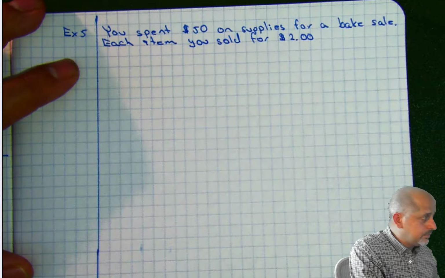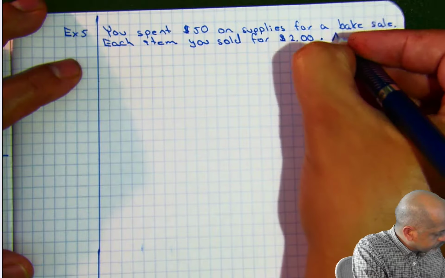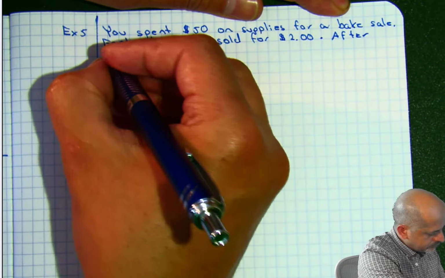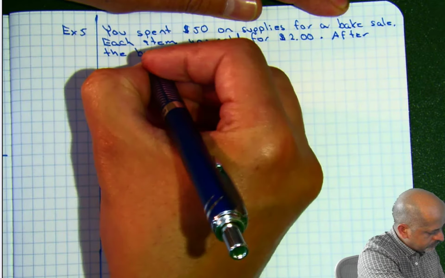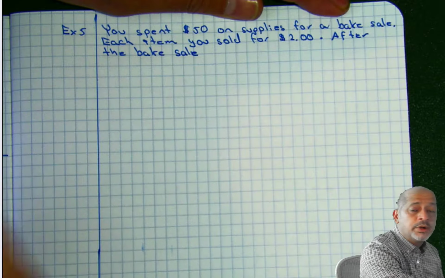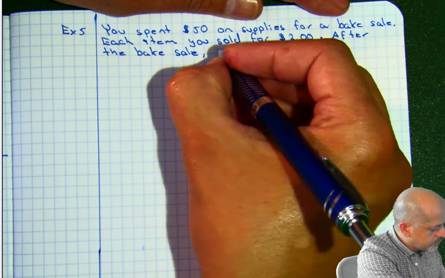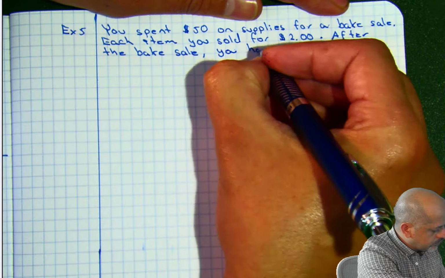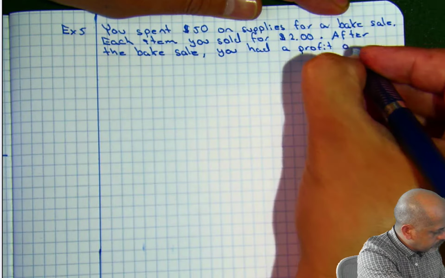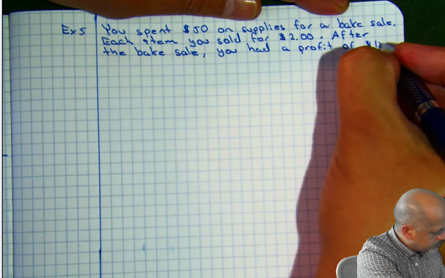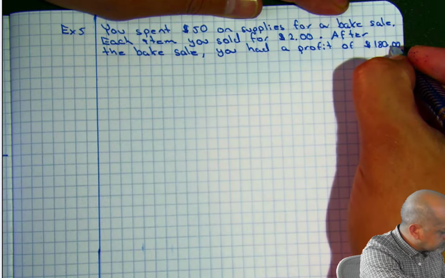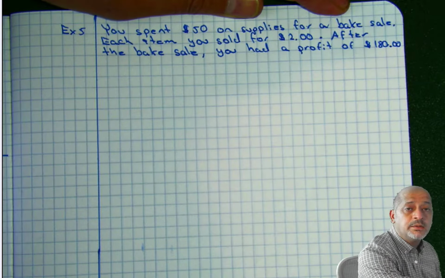After the bake sale, you had a profit of $180. How many items did you sell?